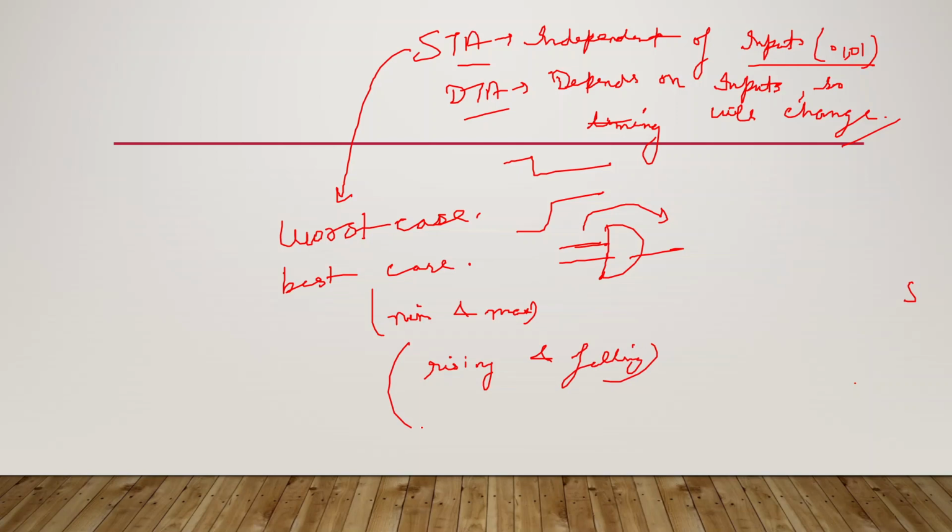DTA is timing dependent, and we can't generate that many vectors because the design will be complex. It is not feasible, and it will take so much time. That's why our design is synchronous. Most designs are synchronous, so STA is preferred. This is the basic understanding of STA: what is the STA, how we are going to deal with it, and what is the difference between STA and DTA.